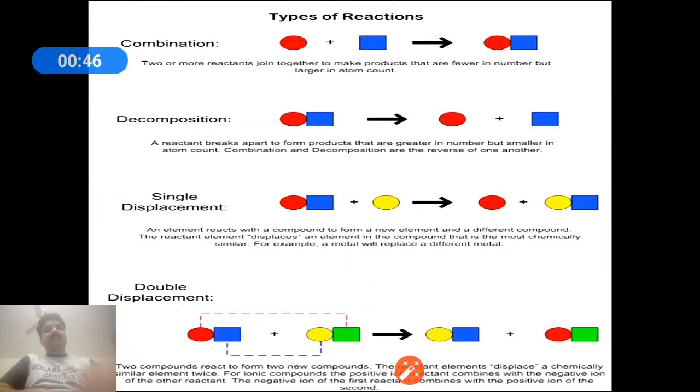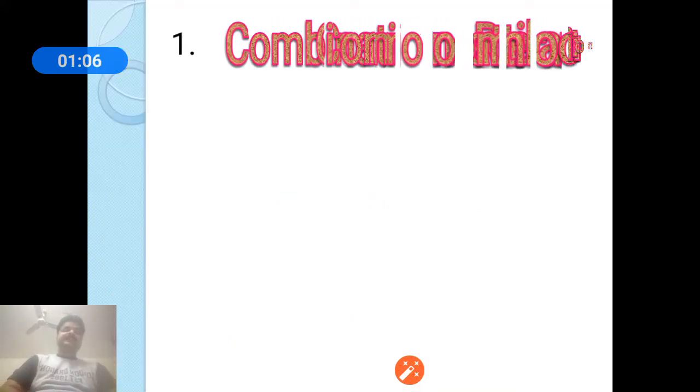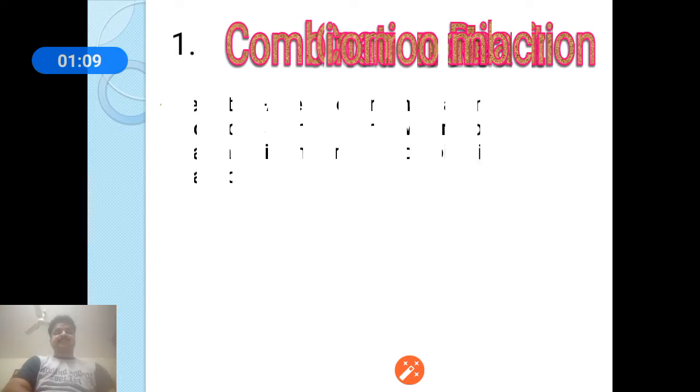So mainly there are four types of chemical reactions. One is combination reaction, second is decomposition reaction, third is single displacement reaction, and the fourth is double displacement reaction. First of all, let me discuss combination reactions.